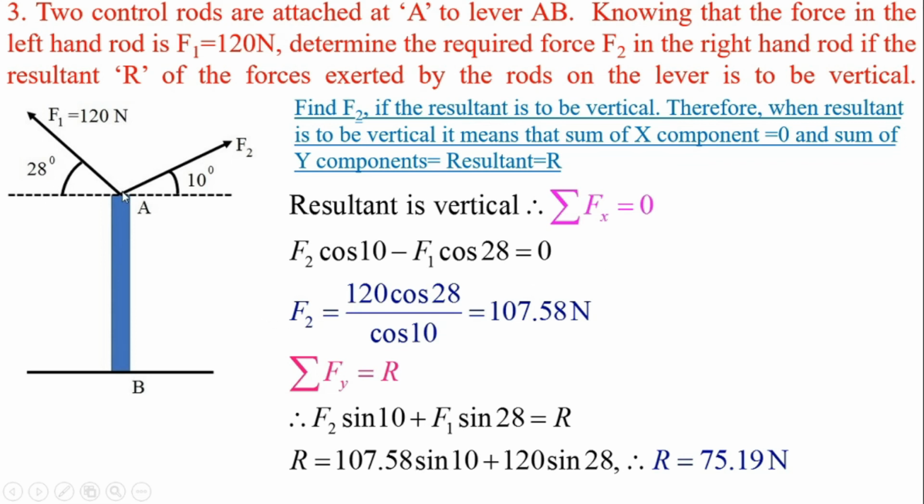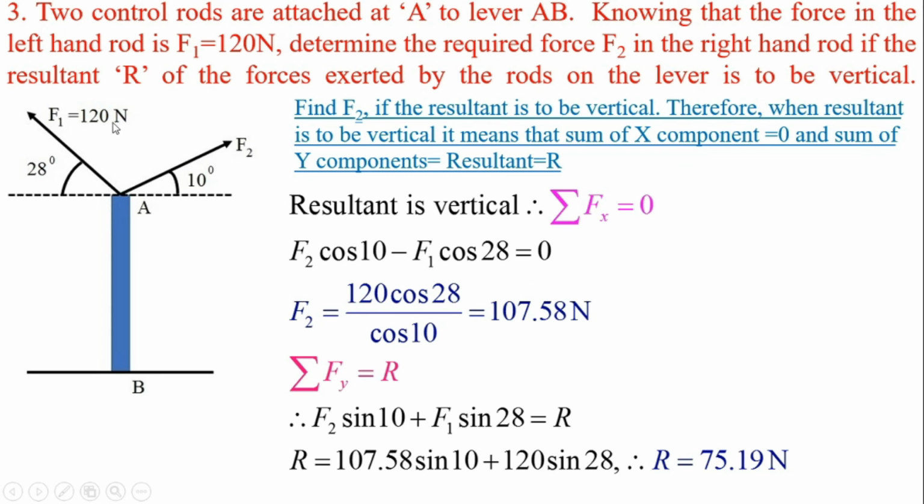First, force F2, resolve it along the x direction: F2 cos 10 in the positive x direction. Then the second force is acting in the second quadrant. Force is acting away from point A, so the component will also act away from point A along the negative x direction.